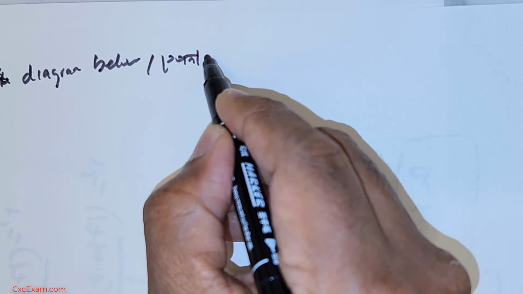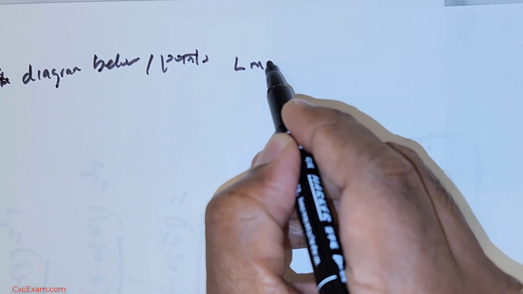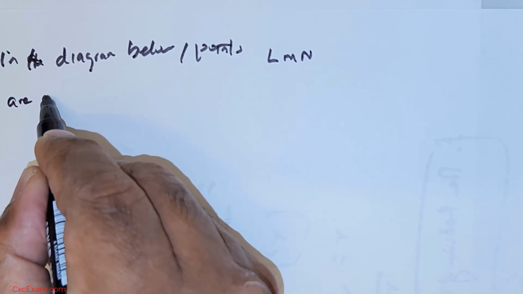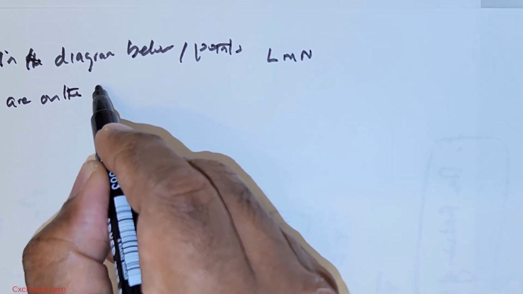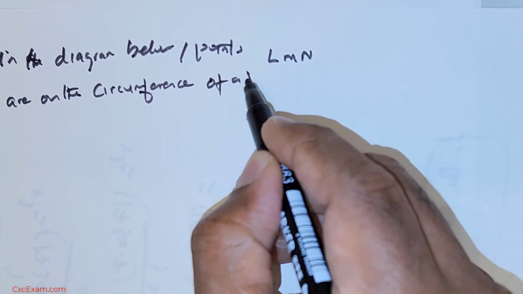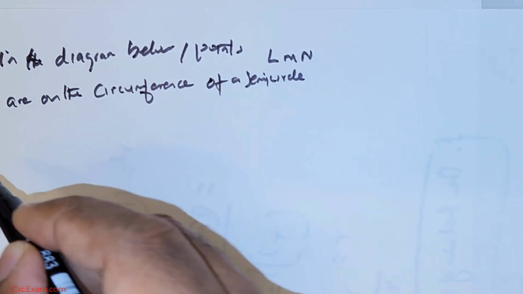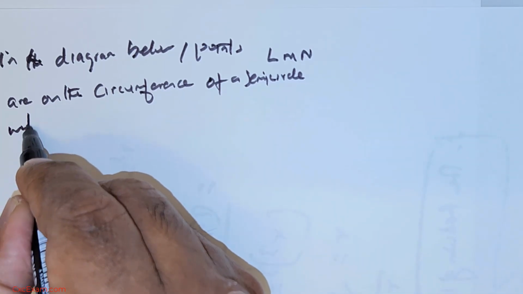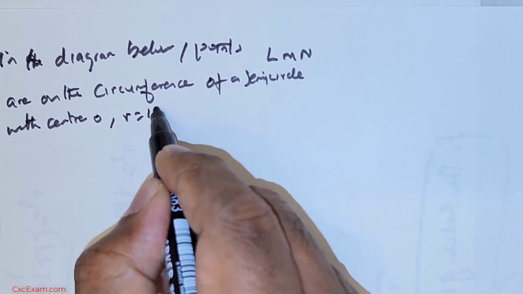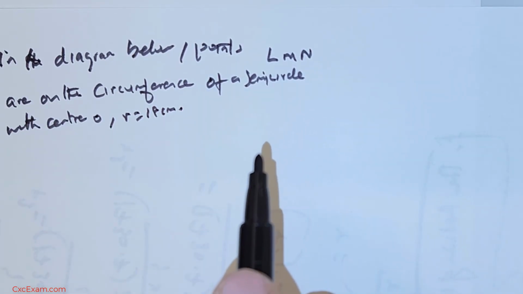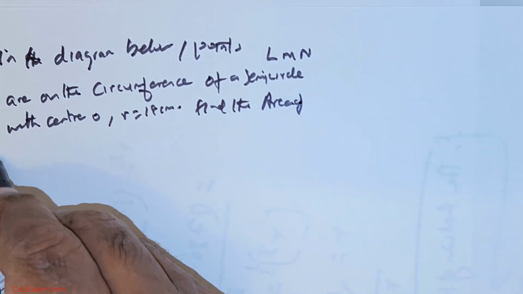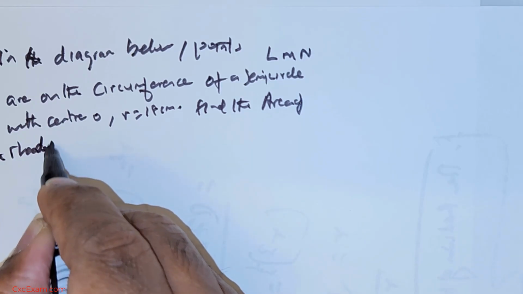Points L, M, N are on the circumference of a semicircle with center O. Now the radius is 18 cm. Now what they are asking us is to find the area of the shaded region.